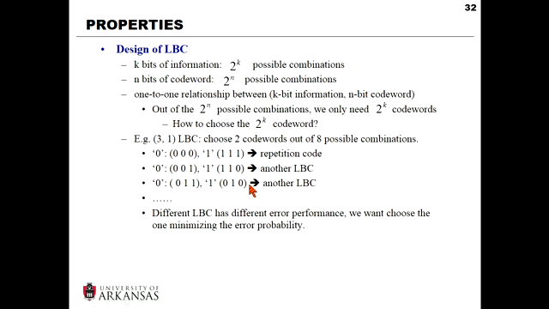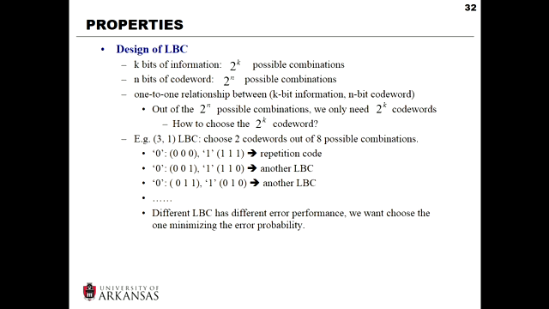So we are going to make an error. So for the same amount of bit errors, a code with a smaller Hamming distance is more likely to make an error decision. A code with bigger Hamming distance is less likely to be confused. So basically, we would like the code words to be as different as possible.